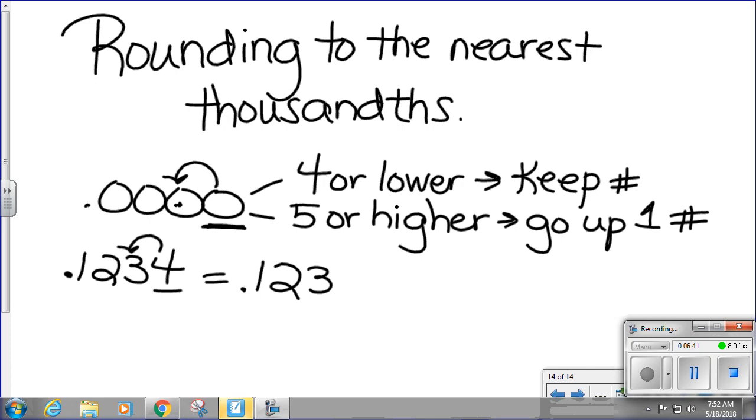When you're rounding to the thousandths, your number stops in the thousandths. So this is the tenths, hundredths, thousandths. Let's try 7, 8, 7, 8. The 8 tells the 7 to do what? Go up 1. So this would round to decimal 7, 8, 8.